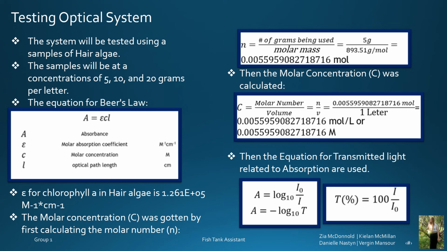The molar coefficient was gotten by first calculating the molar number, N, which here in the box below shows the example for 5 grams of algae per 1 liter of water. This value was then taken and put into the equation for molar concentration, as seen below.